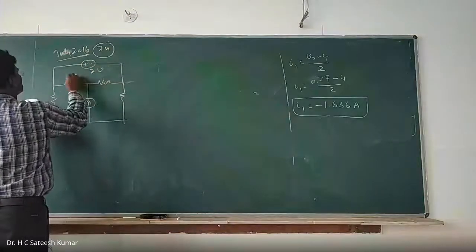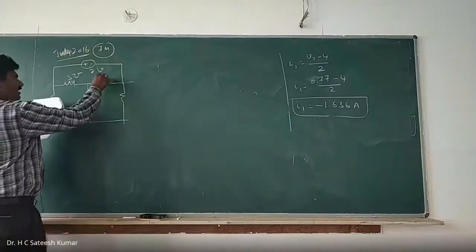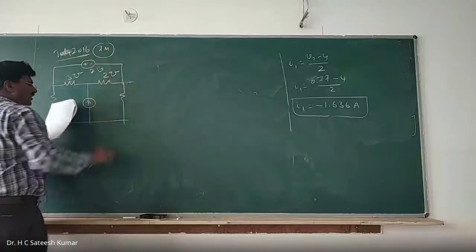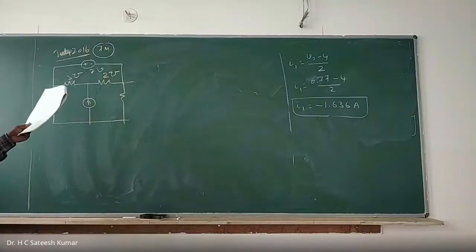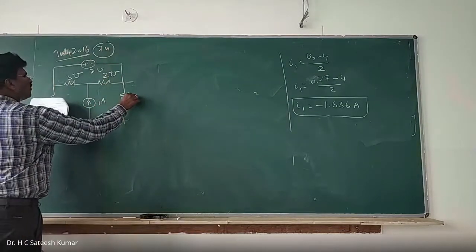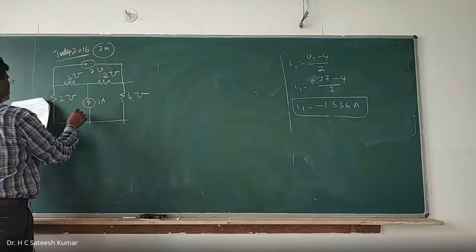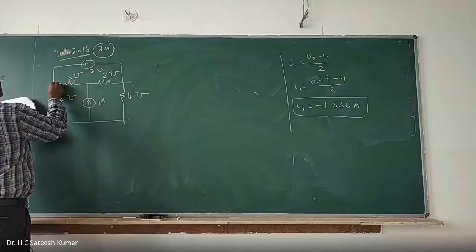This is 2 volts, 3 mhos. Values are given in terms of mhos. Already some of the problems I did in loop analysis in terms of mhos. Here also he has given one problem in terms of mhos: 1 amp, 4 mhos, 2 mhos.